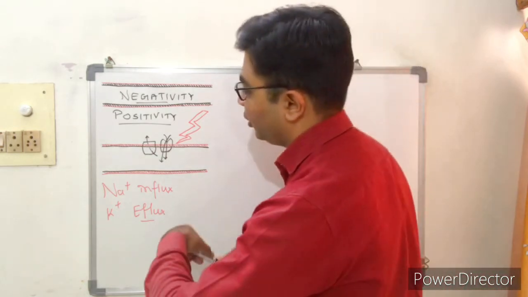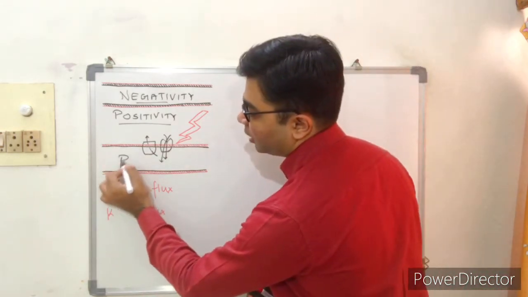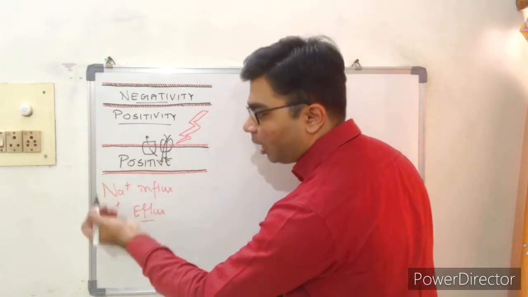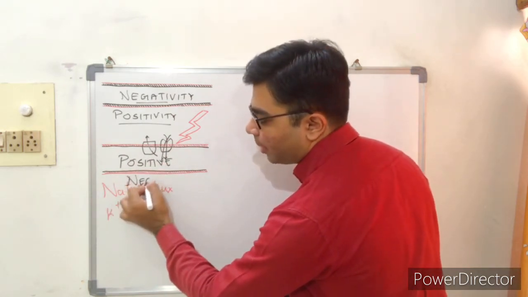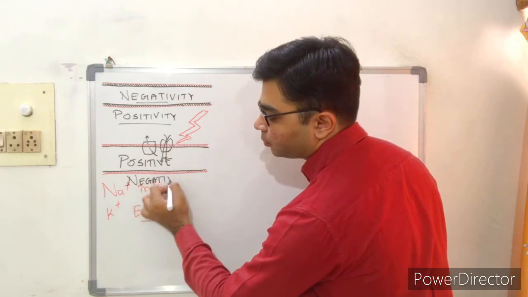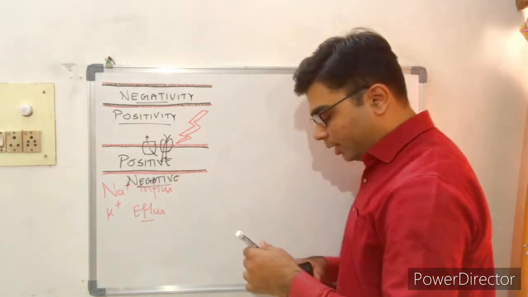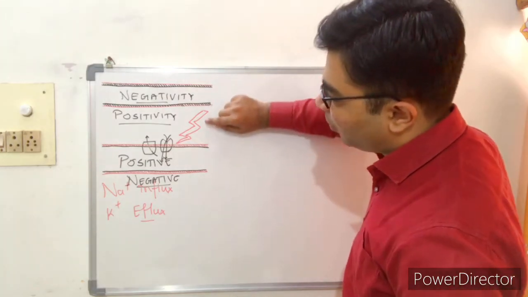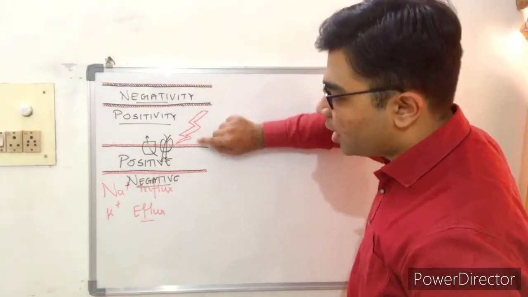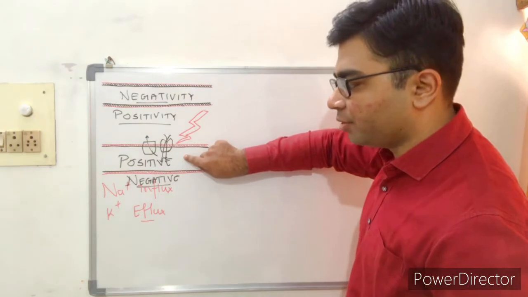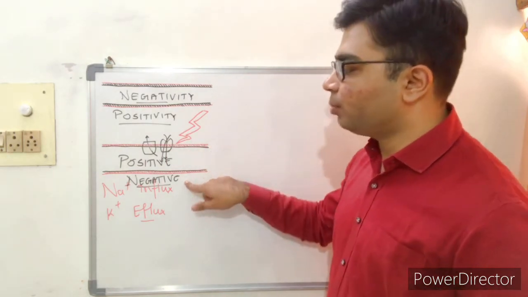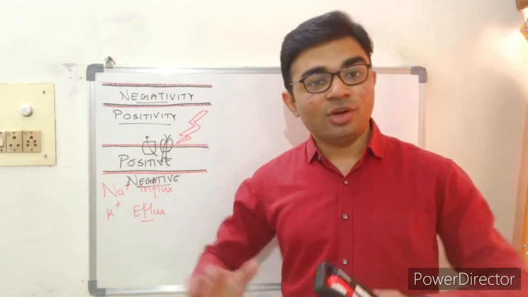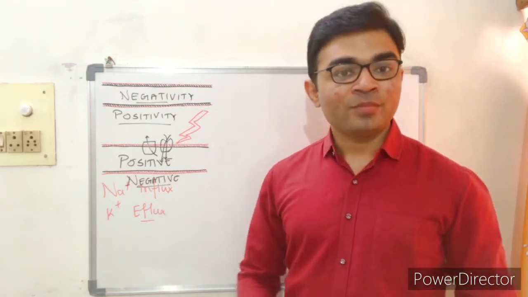Let me write that inside of the cell it is now positive and outside becomes negative. Now you can see that from the resting condition, by applying just a stimulus, the inside of the cell becomes more positive and the outside becomes more negative, which is exactly opposite to the resting membrane potential, or the polarized state of the muscle.